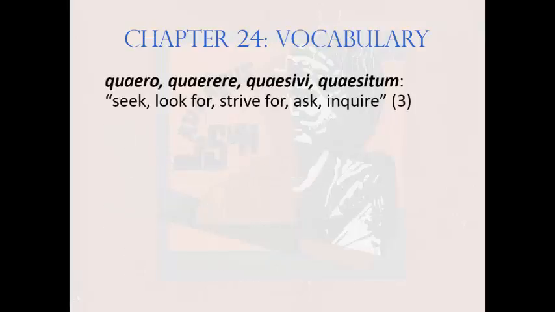The next word is quairo, quairere, quaesivi, quaesitum, meaning seek, look for, strive for, ask, or inquire. It's a third conjugation verb, though its perfect active base, quaesiv, is more typical of fourth conjugation.